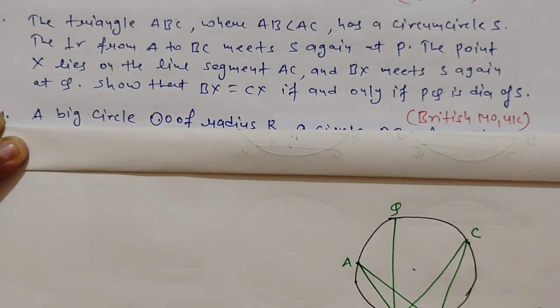Here this is BC and this is AC and also QA. And now this is the point of intersection X here.